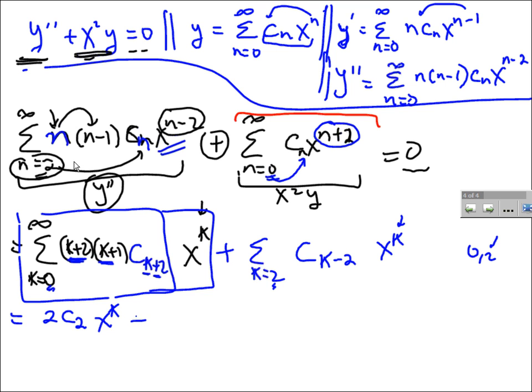Now when k is 1, you have 1 plus 2, which is 3, times 1 plus 1, which is 2, 3 times 2 is 6, c sub 3. And over here, k was 0, so we don't even need that term.